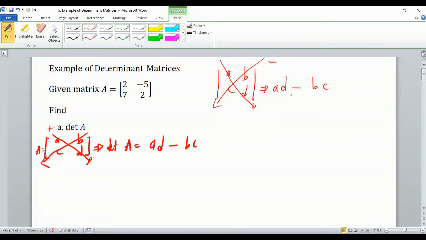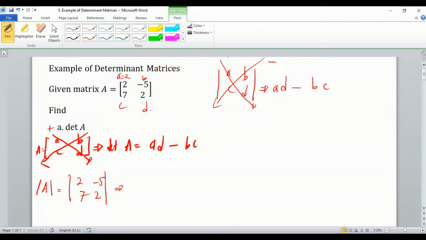So from here we know that if A is 2, B is minus 5, C is so, D is 7. So we can write determinant A, it's equal with 2, minus 5, 7.